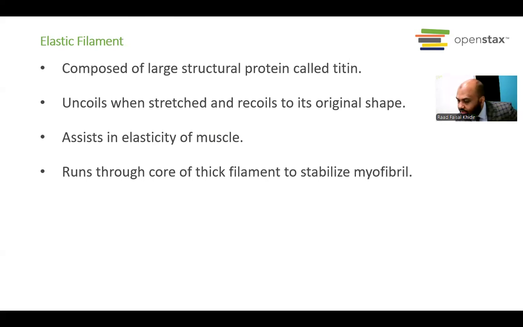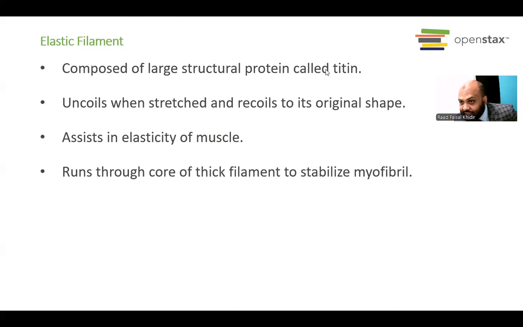So this is no longer the protein elastin like in our bone tissue that makes the bone a little bit malleable at the joint when you have the articulation. This is not the bone anymore. This is the skeletal muscle cell. So it is composed of a large structural protein called titin.